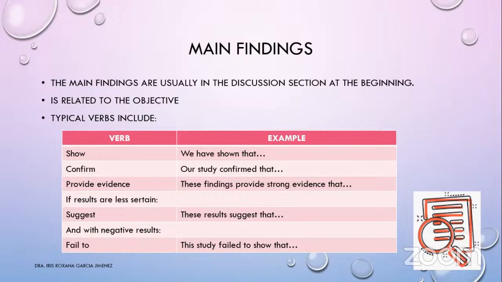If results are less than certain, you could use the next verbs. Suggest. These results suggest that. And when the results are negative, we could use the verb fail too. We said this study failed to show that.